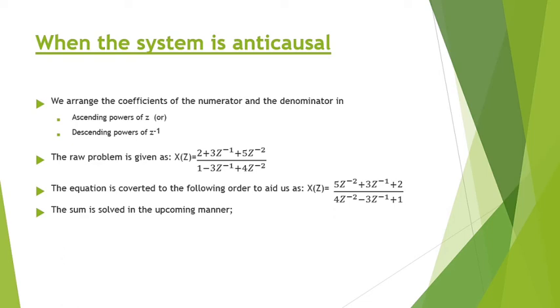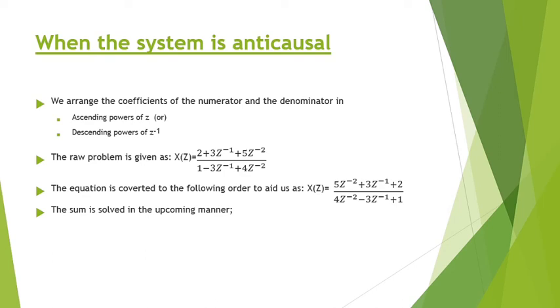The given problem is x of z equal to 2 plus 3z inverse plus 5z to the power minus 2, divided by 1 minus 3z inverse plus 4z to the power minus 2. Here the numerator and denominator are both in ascending powers of z inverse. We need to reverse this to satisfy our condition, that is descending powers of z inverse.